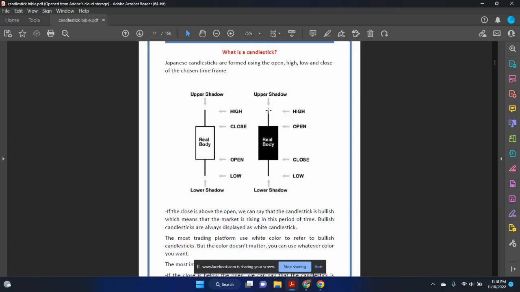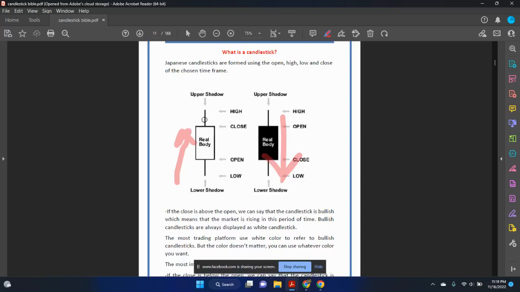And then we have our bearish, which is the red color that you see. That's going to go down. All right, and then bullish goes up. Okay, open here, goes up, and it closed out here.